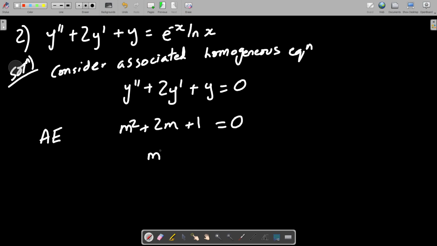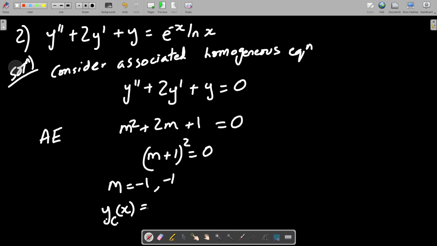So this will become m plus 1 the whole square, right? So this will mean that m is equal to minus 1 and minus 1, two repeated roots you got, right? So what should be your yc? The complementary function should become c1 times e raised to minus x plus c2 times x times e raised to minus x. Okay?